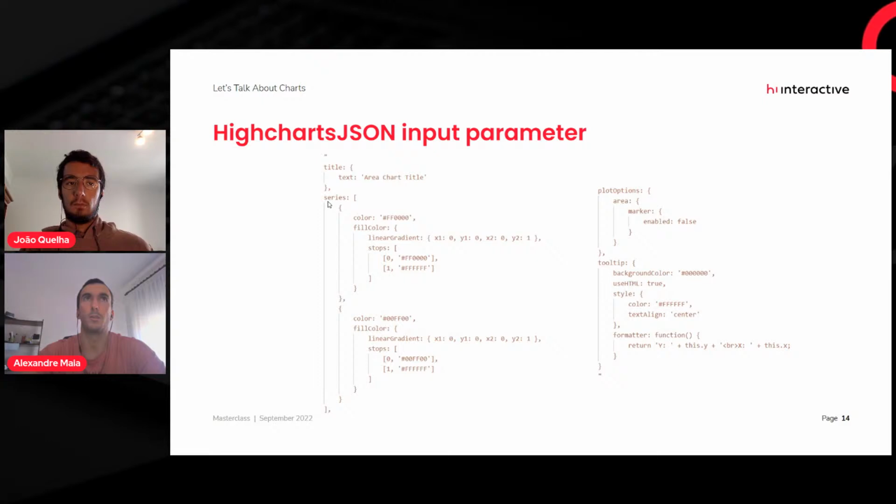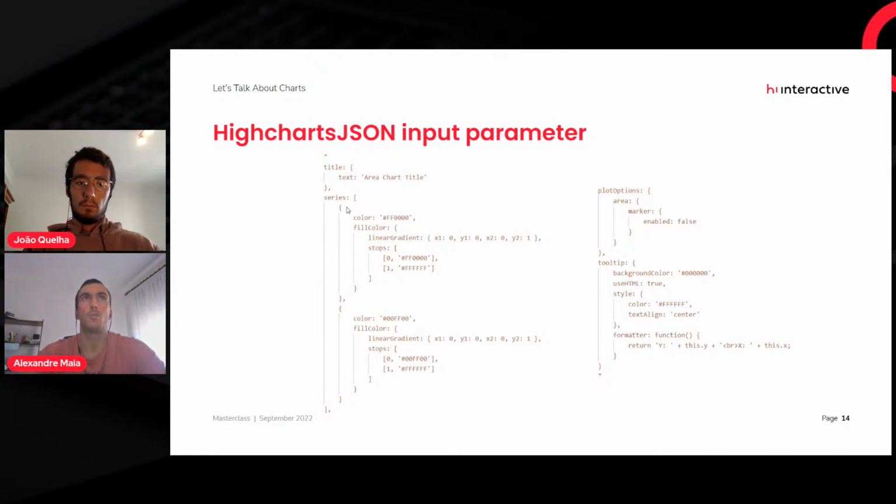Then you have another property right here, series, and we are passing it an array. As you can see here, we have this square brackets notation because it is an array, and inside this array we have 1, 2 elements, and they are objects.